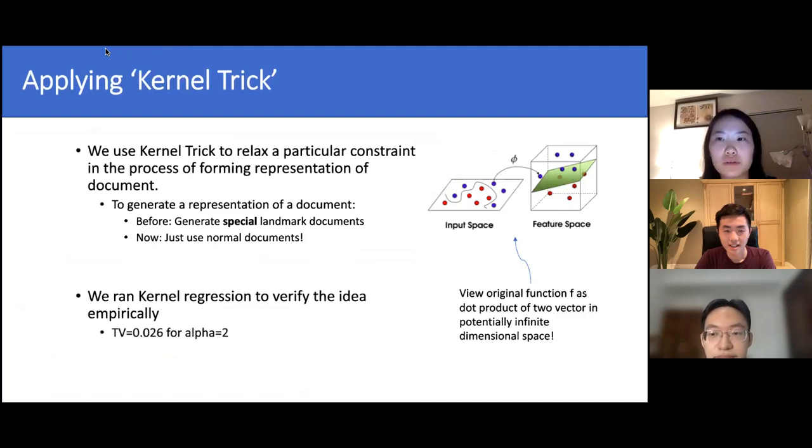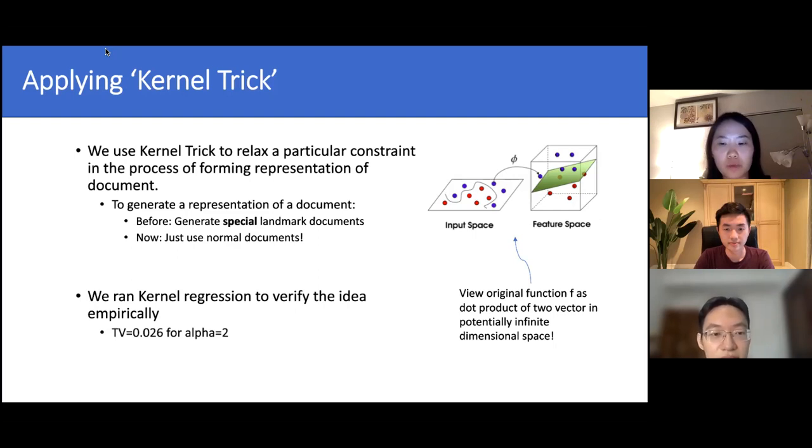Going back to the original contrastive objective from the literature, they used a representation, the output of the network, that required landmark documents. We wanted to improve upon this idea and create a representation that does not require landmark documents. To do this, we employ the kernel trick, which is basically a mechanism that maps lower dimensions to higher dimensions using an inner product.